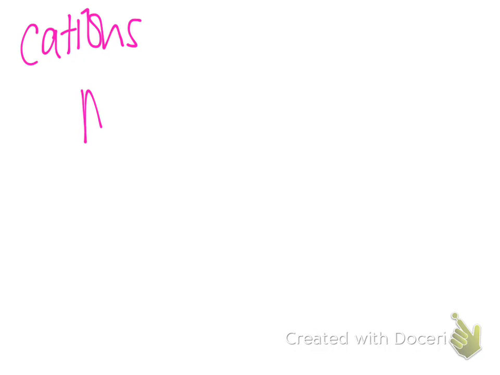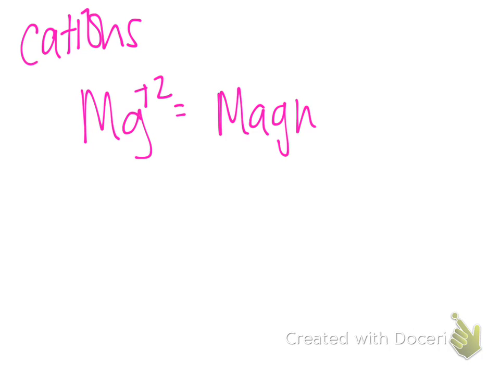Okay, so Mg+2 is still just magnesium. So cations have no difference in their name between a charged and an uncharged particle. Okay, and do we see that's true on our periodic table of ions? Look at all your cations. Is there any change in their name? No. Okay.